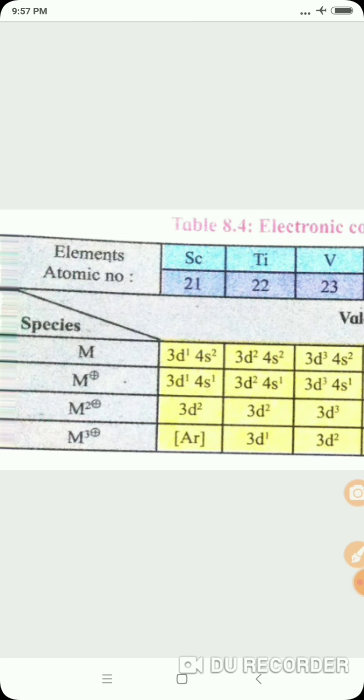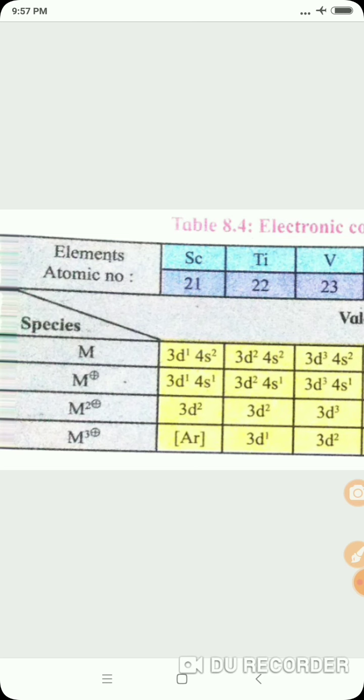When both electrons are lost from the 4s orbital, it gets converted into an M2+ ion. Here there is a printing mistake in the textbook. In front of the M2+ ion, 3d1 should be present, but 3d2 is given. This is the printing mistake. So in front of M2+, 3d1 must be given.